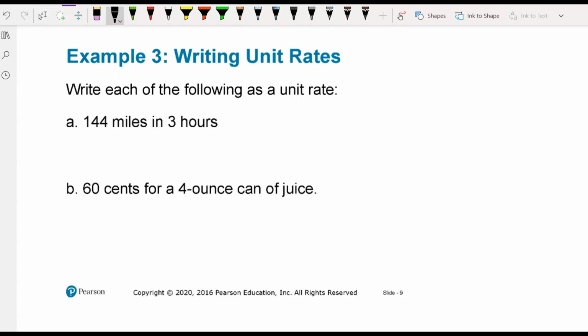So we have 144 divided by 3. So they're each divisible by 3, so it'd be 48 over 1. So that is 48 miles per 1 hour.